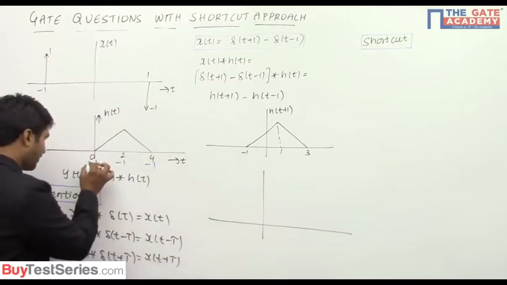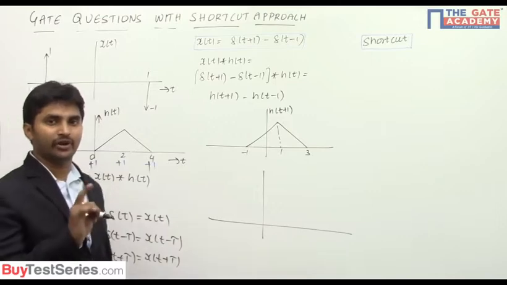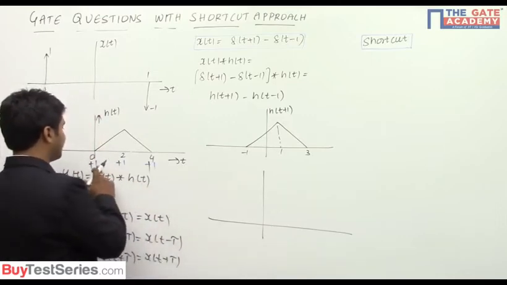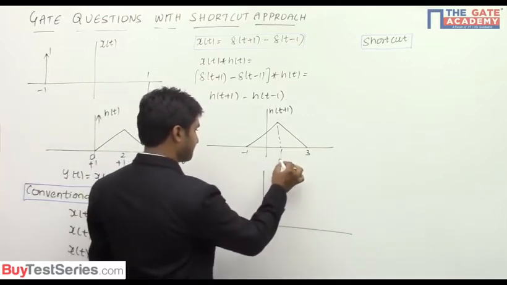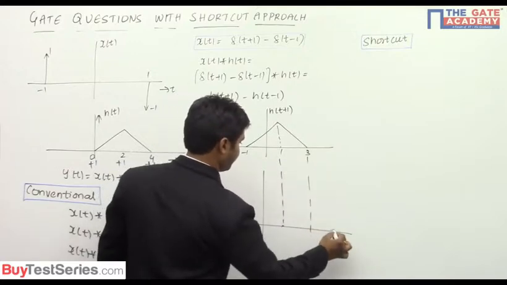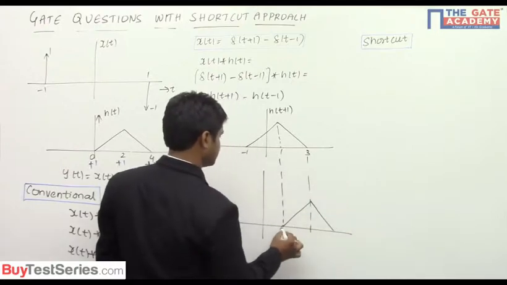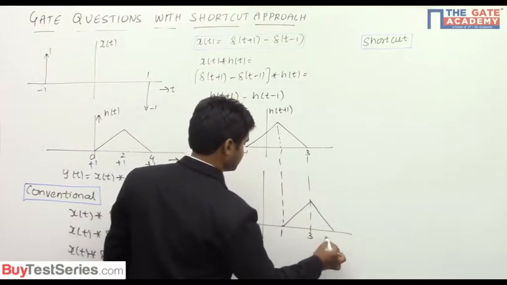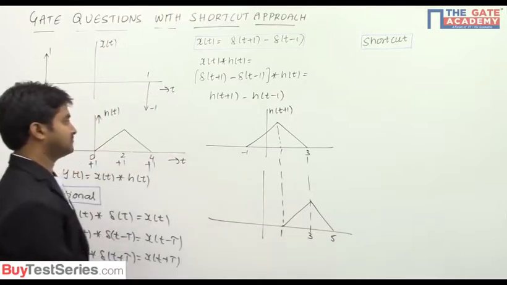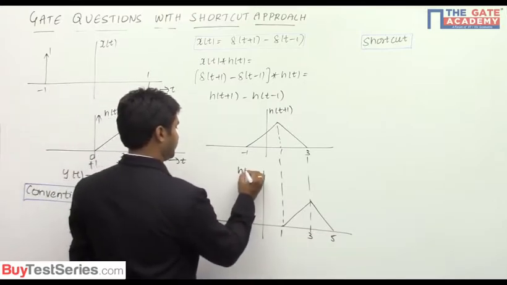So if you want to delay by 1 unit, you shift the signal towards the right side by 1 unit. It means now the signal will be from 1. So this is equal to h(t-1).